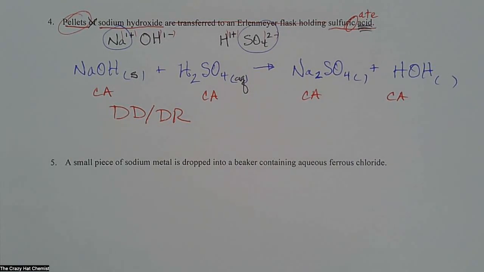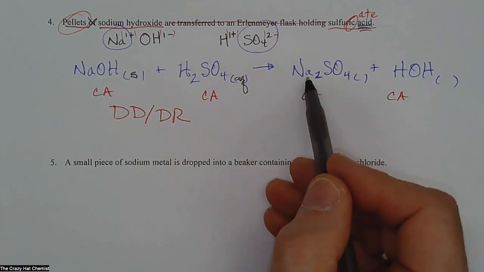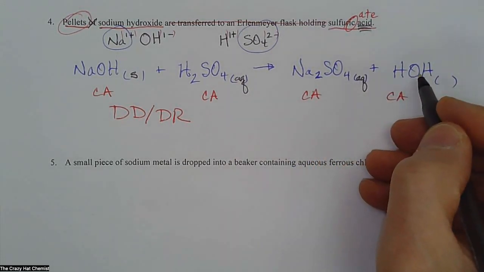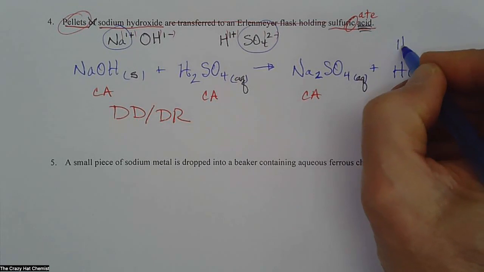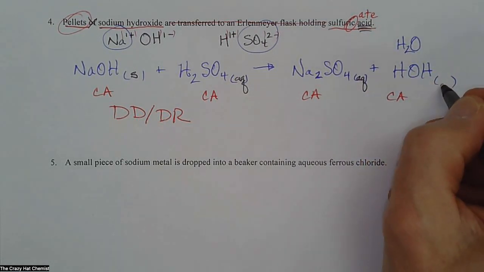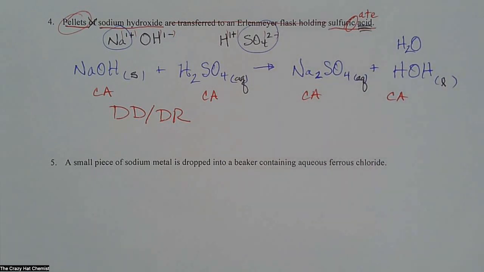All right, states of matter for our product. Anything with sodium in it is aqueous, so that means that this is aqueous. This is actually H2O, and you could have written this as H2O. This is water, of course, and water is a liquid. That is not following your solubility rules whatsoever. It's just a liquid.